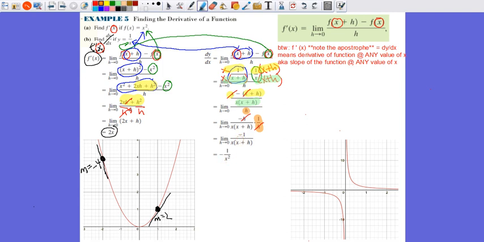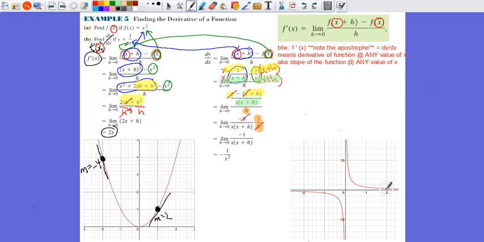So again, let's test this out. What is your slope at x equals 1? Let's pick a different number, to make it a little bit more interesting.